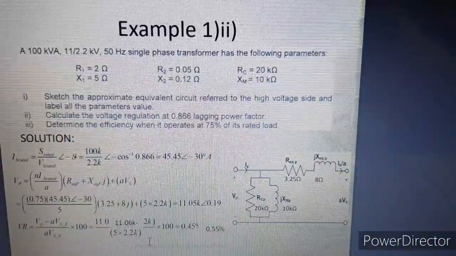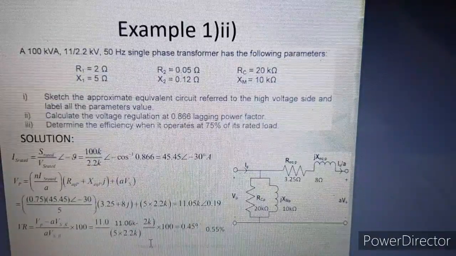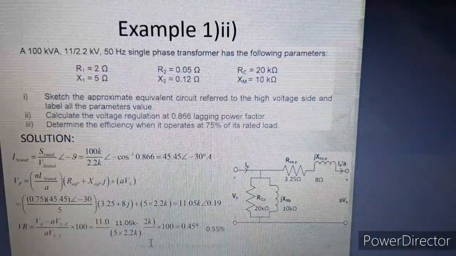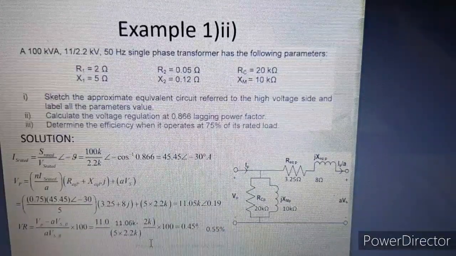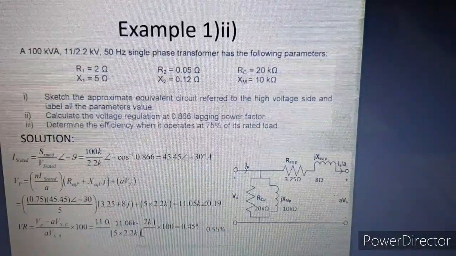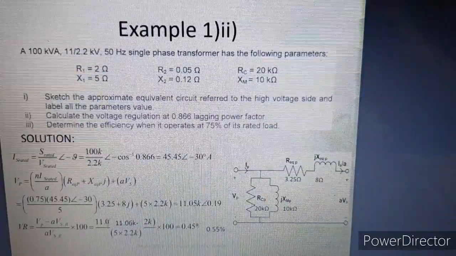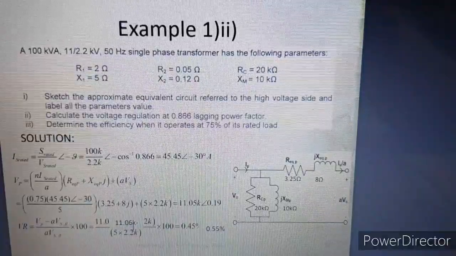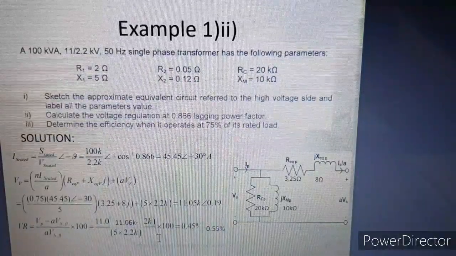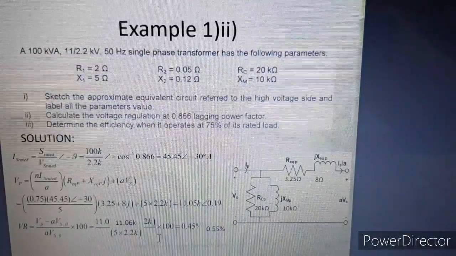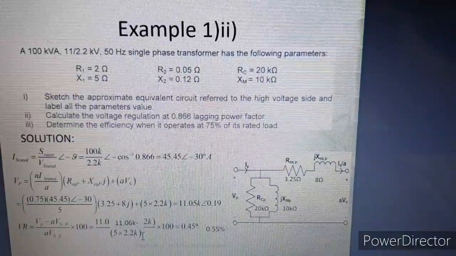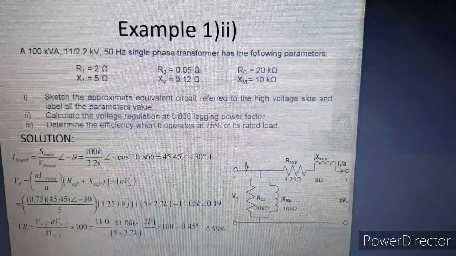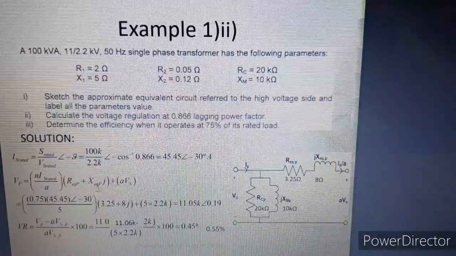That is 5, sorry about that. This should be 11.05K minus 5 times 2.2K. Now the question is, what is your VP? You have to find your VP according to the KVL.